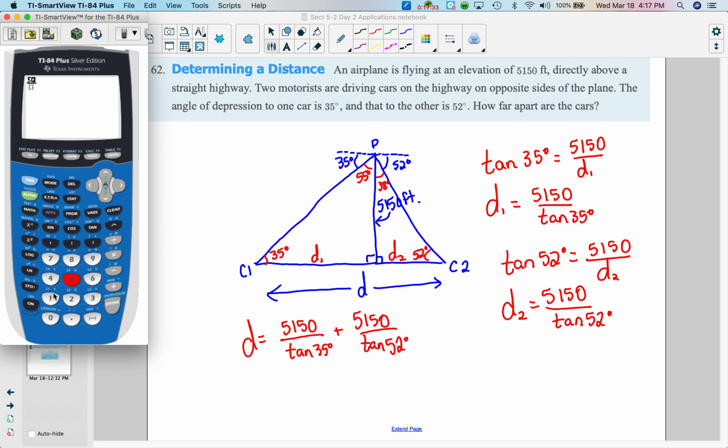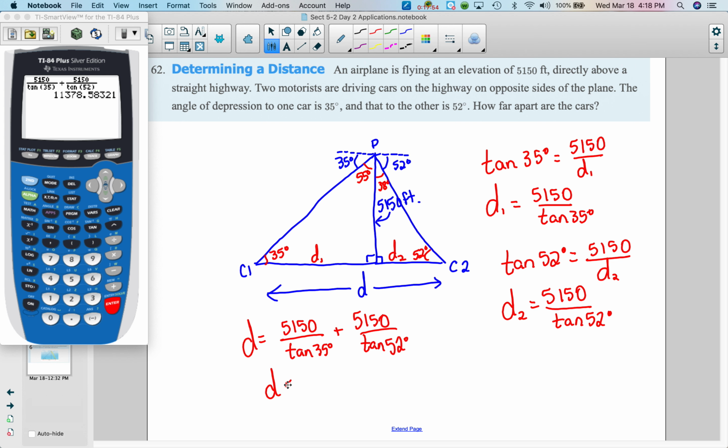So I have 5,150 over tangent 35 plus 5,150 divided by tangent 52, and we get that D is approximately 11,370, we'll just say 79 feet.